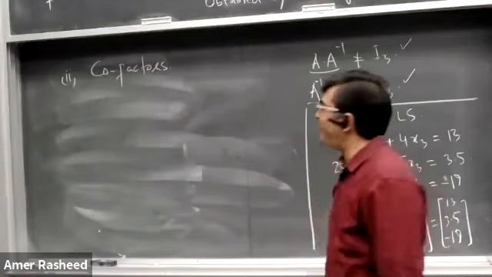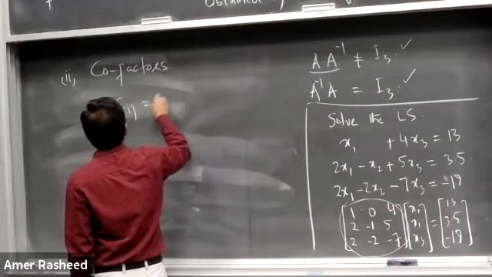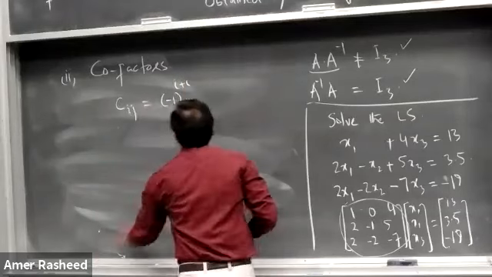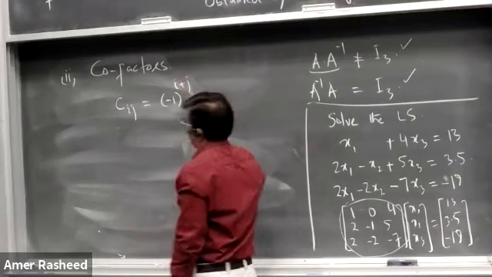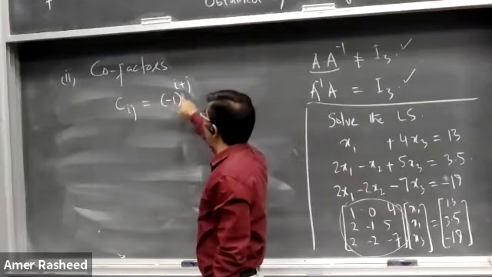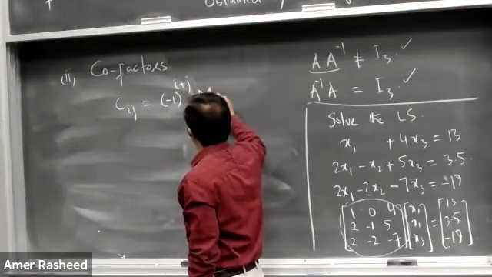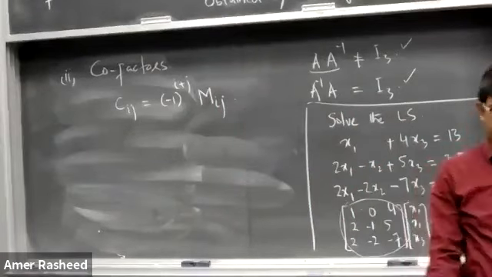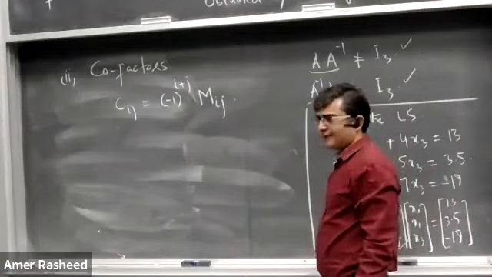Cofactor corresponding to some entry of the matrix is defined by Cij is equal to -1 power i plus j times the minor corresponding to that entry, Mij. This is what we call cofactors.